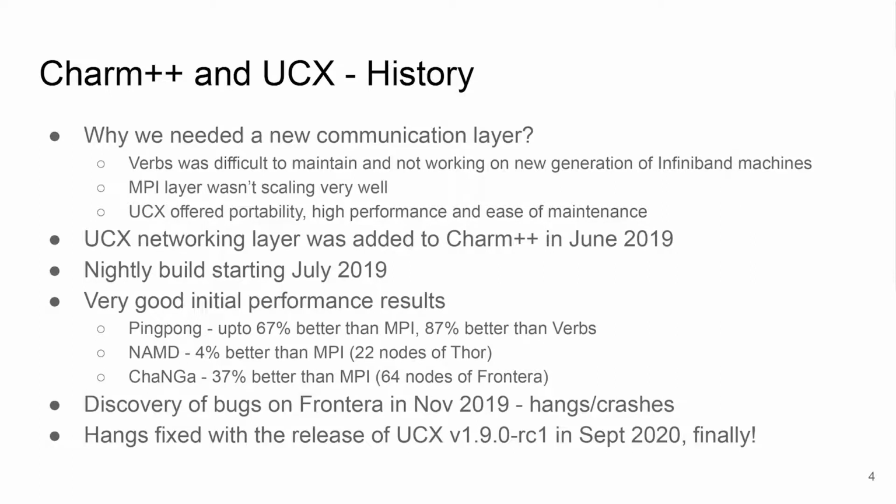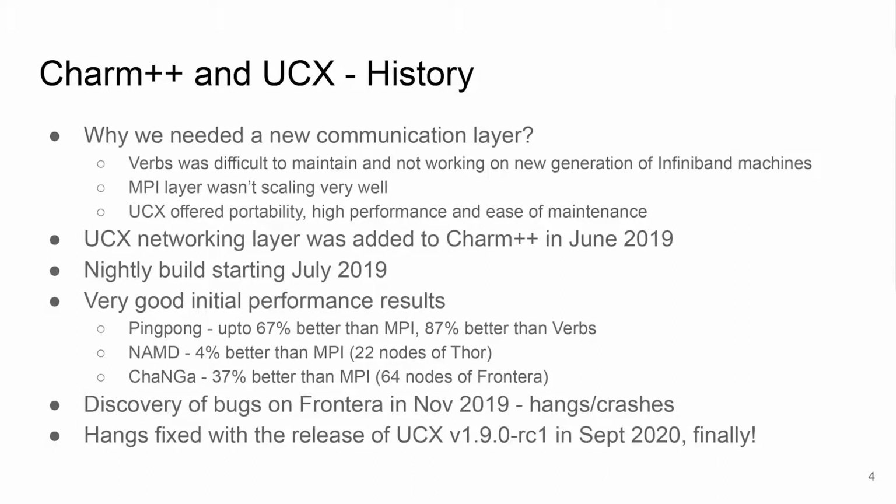So why did we need a new communication layer? For the new class of InfiniBand machines, verbs was not working very well. It was also difficult to maintain since it was quite a dated layer that was not maintained very well. And the MPI layer, again, was a layer that was written early on and was not scaling very well, especially in the SMP mode, which is the one that enables shared memory optimizations.